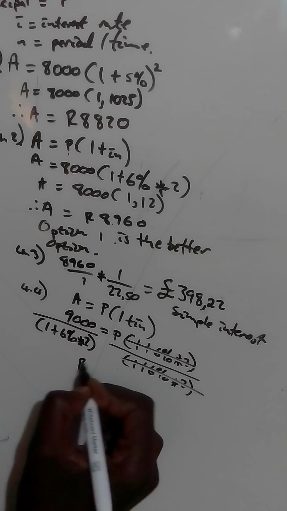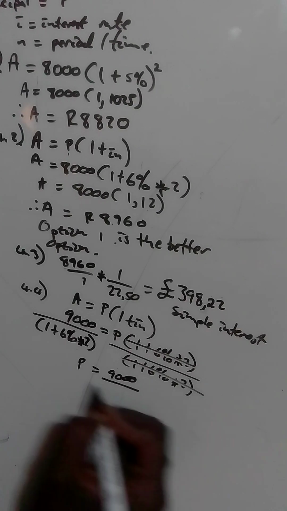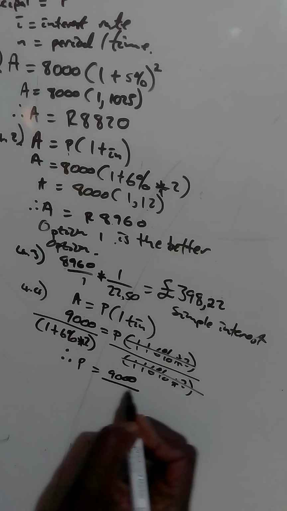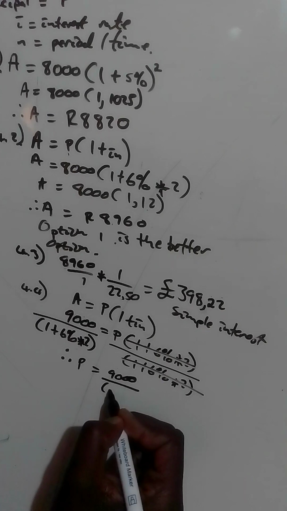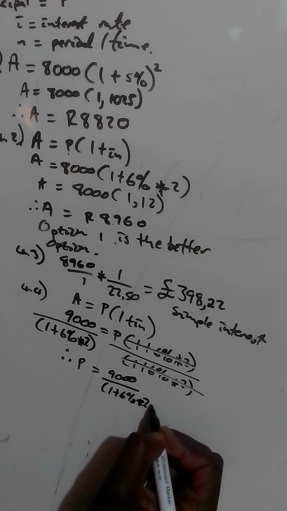So now we've got P, which is equal to 9,000 all over open bracket 1 plus 6% multiplied by 2.